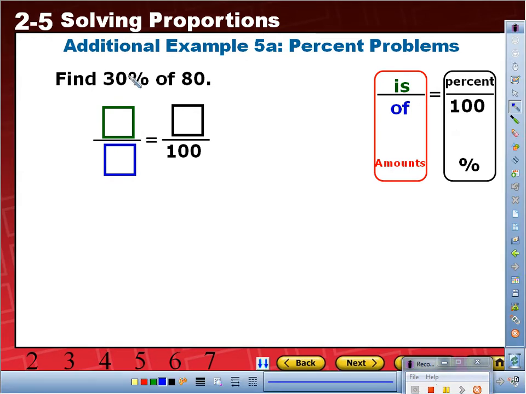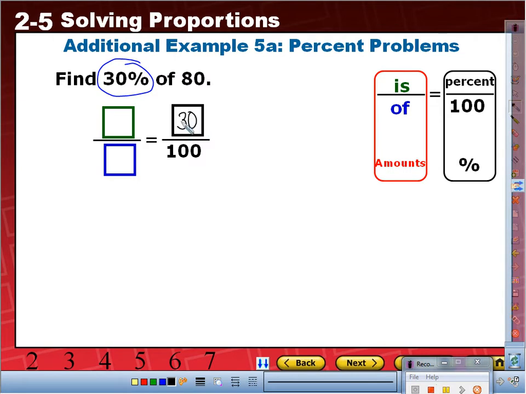Eyes up here. Check this out. What is the first number they give us? 30%. Where are the percent? On the left side or on the right side? So it goes right here. And then it says of 80. Where is the word of? So therefore, where does 80 go? On the bottom.